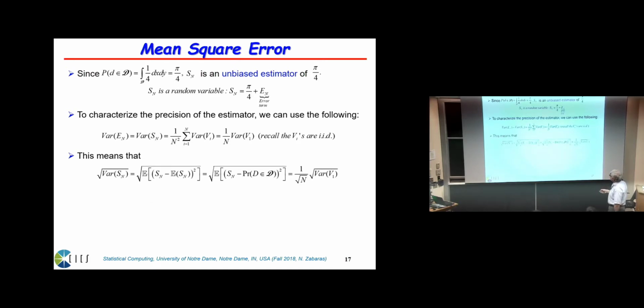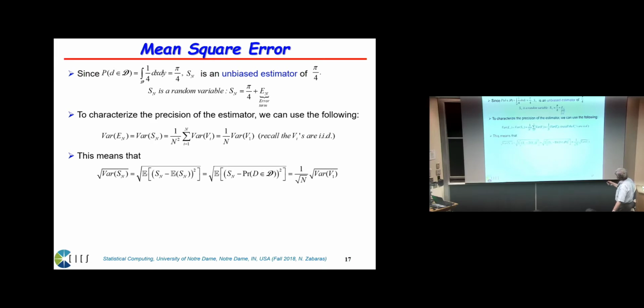The error, if you like, if you take the square of this variance, and I'm writing it analytically here, the variance is the expectation of the square of s minus the mean of s, okay? And you remember this is really our probability that we hit the circle. So this is equal to that.